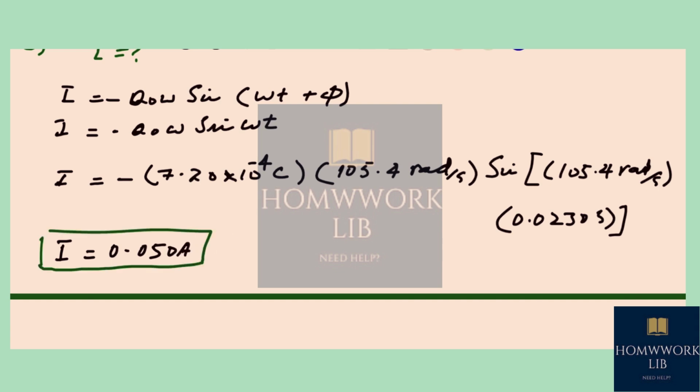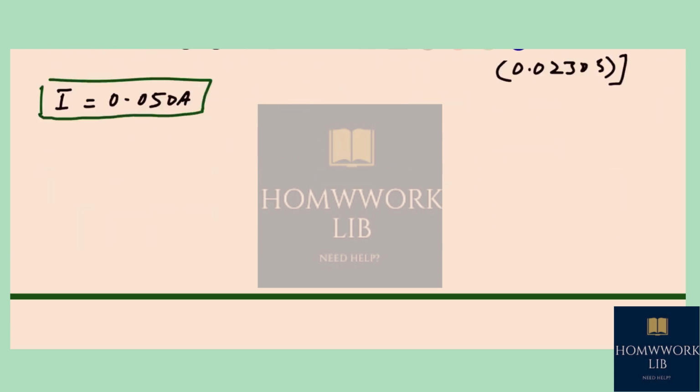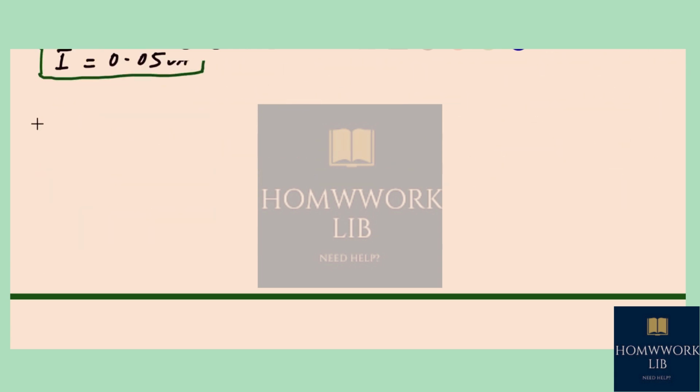In part F of this problem, we are going to calculate the energy stored in the capacitor and inductor at the given instant of time, that is UC and UL.